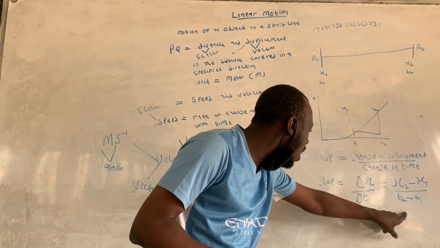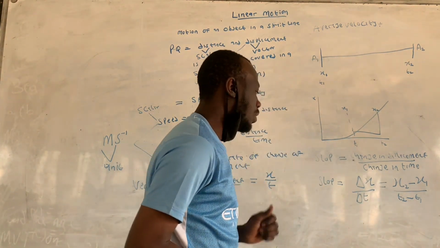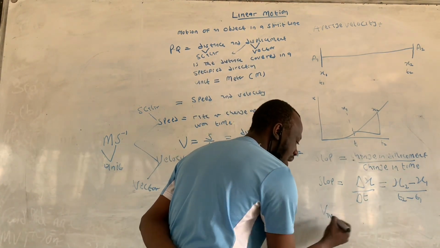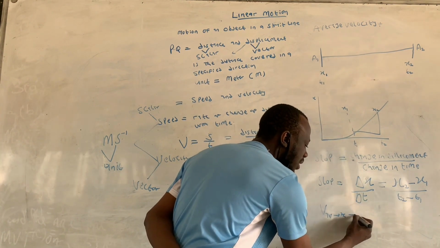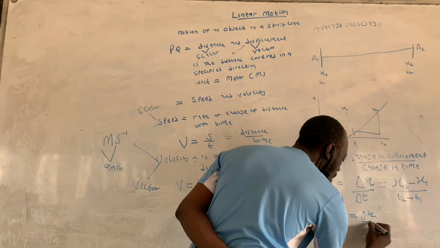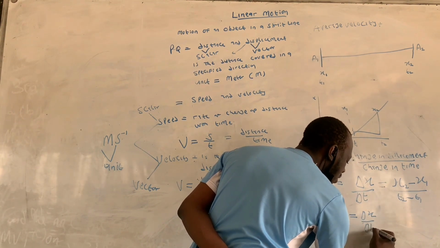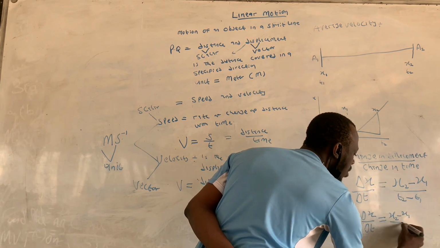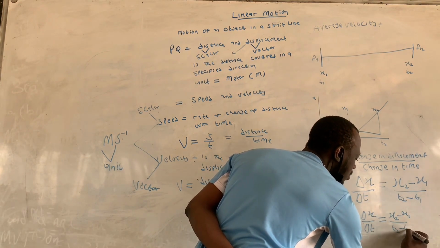This is our average velocity. So the average velocity, pointing in the x direction, is equal to delta x over delta t, which equals x2 minus x1 over t2 minus t1.